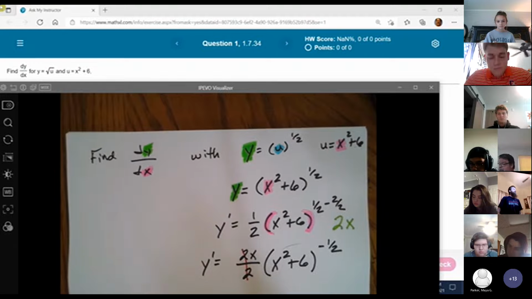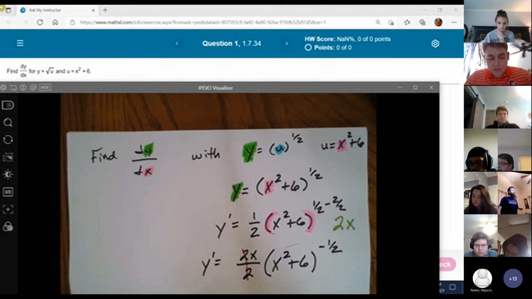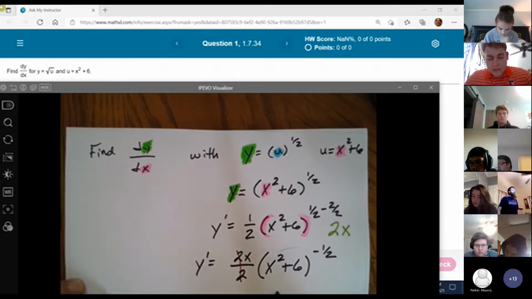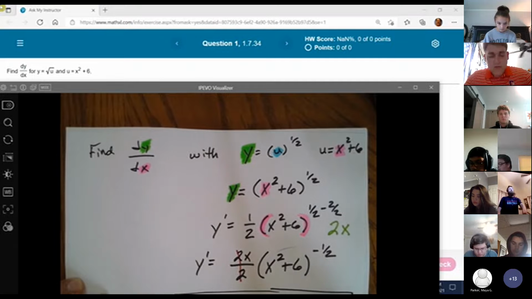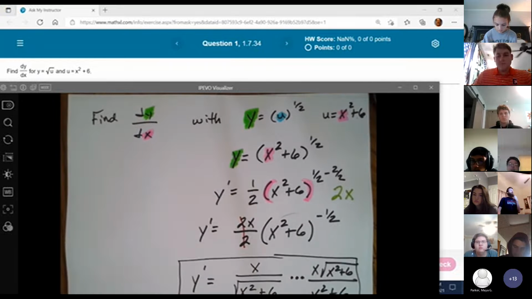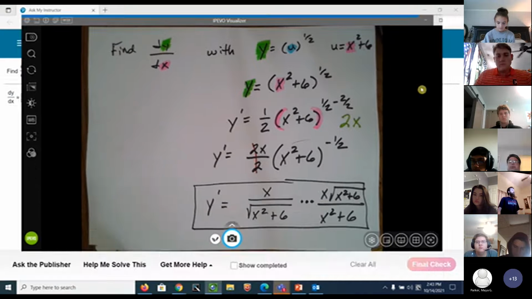So y prime is equal to x over the square root of x squared plus 6. And you can rationalize the denominator. If you rationalize the denominator, you would get x times the square root of x squared plus 6 over x squared plus 6. So one of those two answers is going to be your answer.